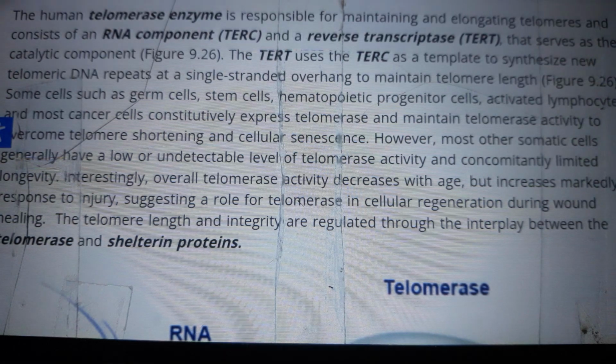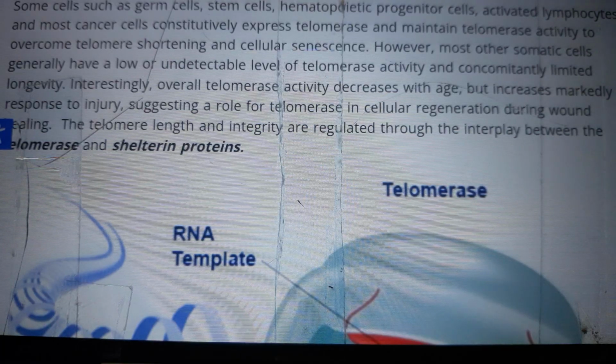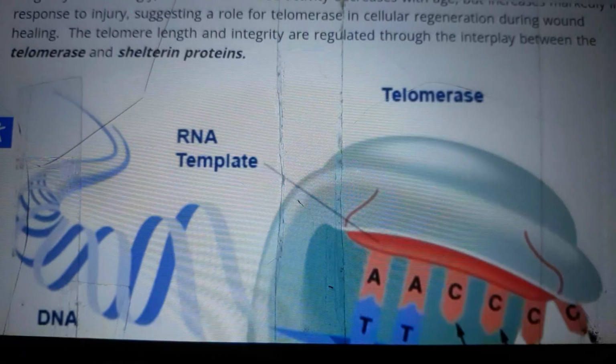Some cells, such as germ cells, stem cells, hematopoietic progenitor cells, activated lymphocytes, and most cancer cells, constitutively express telomerase and maintain telomerase activity to overcome telomere shortening and cellular senescence. However, most somatic cells generally have a low or undetectable level of telomerase activity and concomitantly limited longevity. Interestingly, overall telomerase activity decreases with age, but increases markedly in response to injury, suggesting a role for telomerase in cellular regeneration during wound healing.